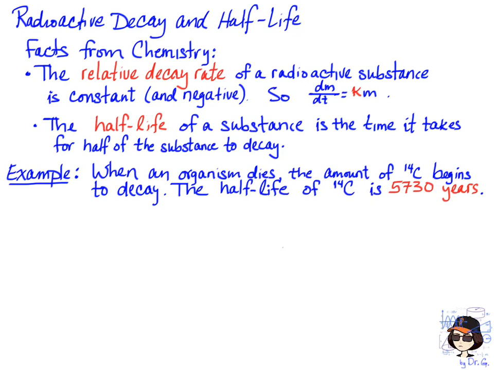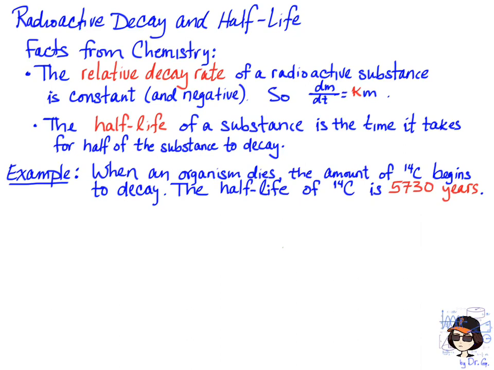We know how much C14 a living organism contains, and it remains constant while the organism is alive. But as soon as the organism dies, it starts to decay. And we know it takes 5,730 years for half of it to decay.